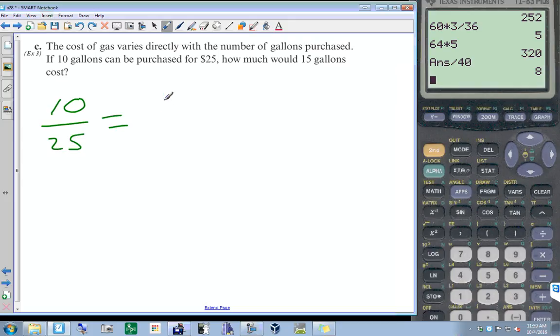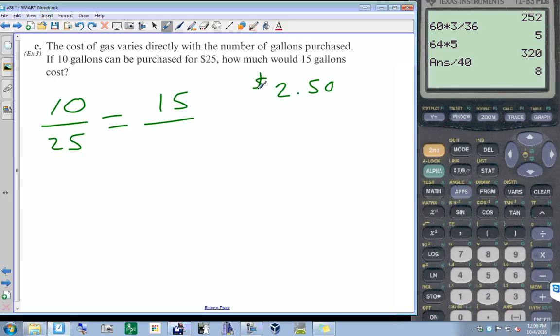And then I could have 15 over here, and then I would get my dollars down there, right? By the way, if I buy 10 gallons of gas for 25 bucks, how much is it per gallon? $2.50. So it's $2.50 a gallon.